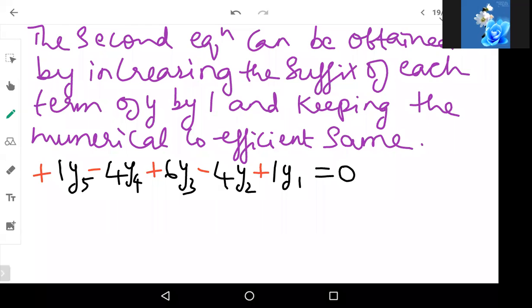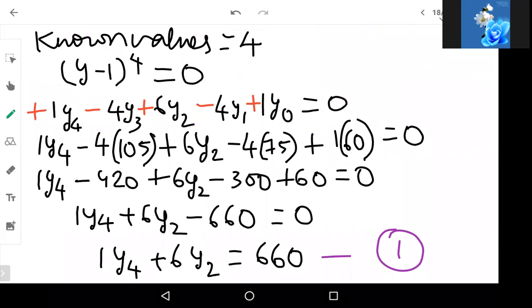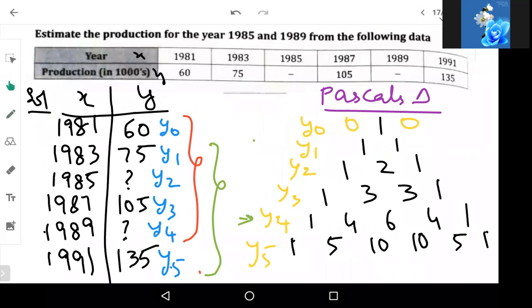Okay, good. Now let us apply all the values. Now we know y5. If you go back to the question, we know the y5 value, but we don't know y4 and y2.